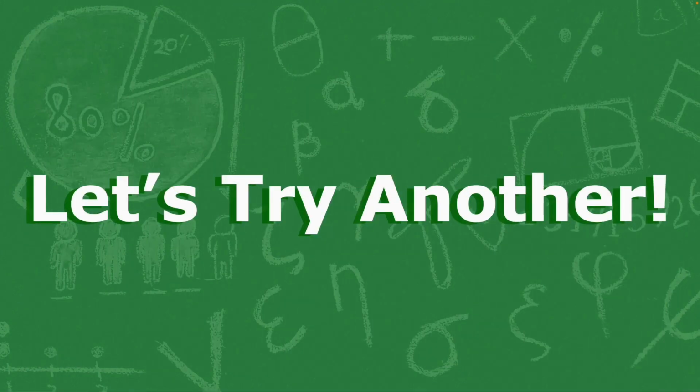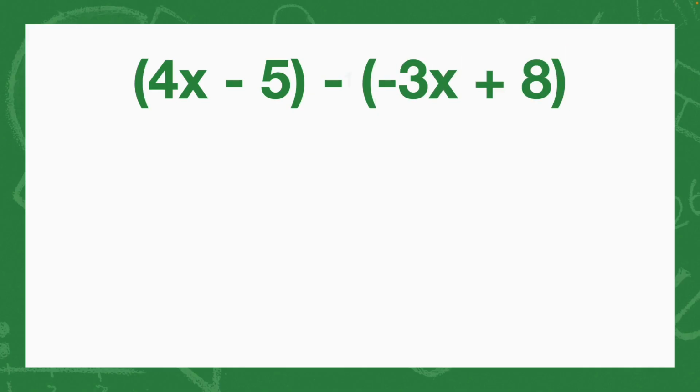Let's try another one. Here's an expression, (4x - 5) - (-3x + 8). And you see I just went ahead and inserted that invisible 1 to help our brains as we distribute the negative sign to the -3x inside those parentheses and to the +8. The signs are just going to change.